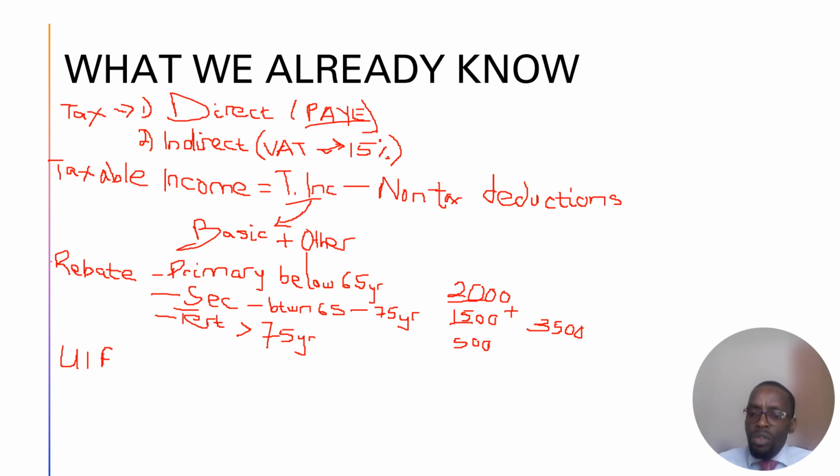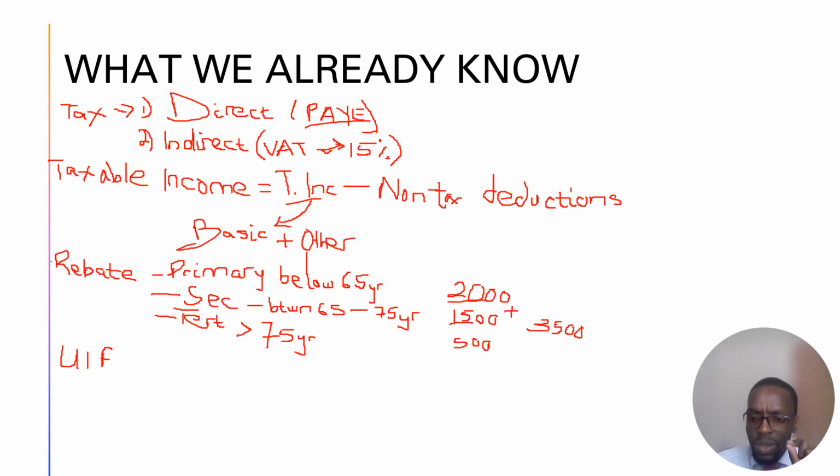So when the money goes to the revenue collectors, in this case SARS, it goes there as 2%. The 2% is charged as 1% for the employee and 1% paid by the employer. Then it goes to the revenue collectors as 2% of your basic salary.